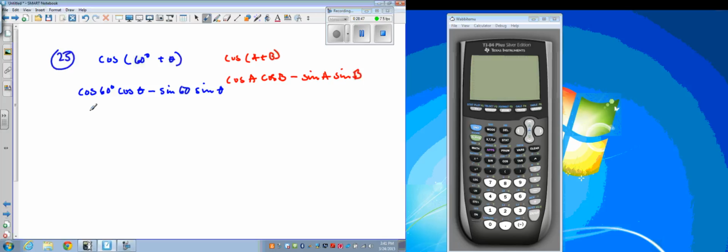So what's this thing? This is the cosine of a sum. Cosine 60 is what? 1/2. And sine 60 is square root of 3 over 2.